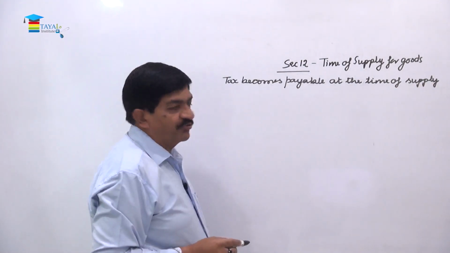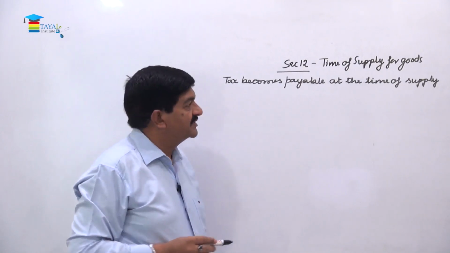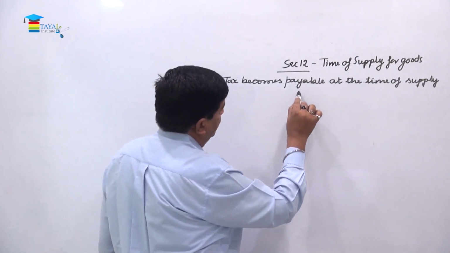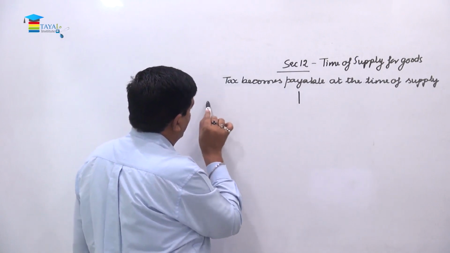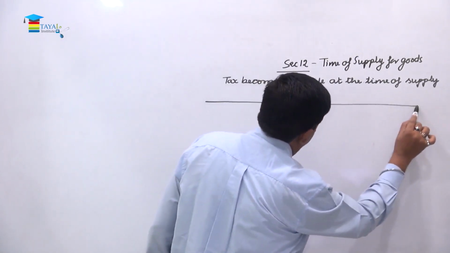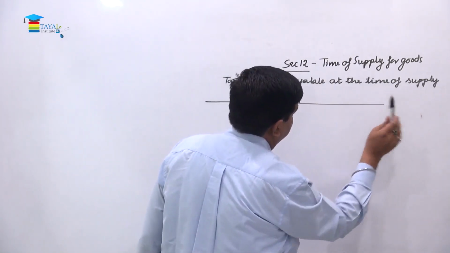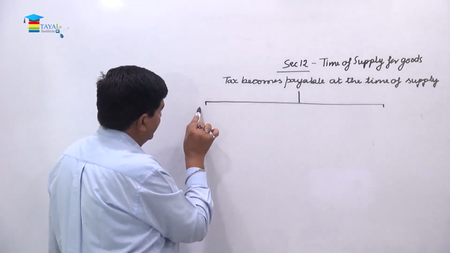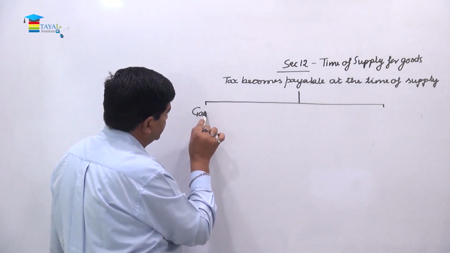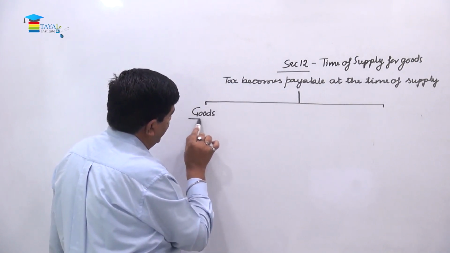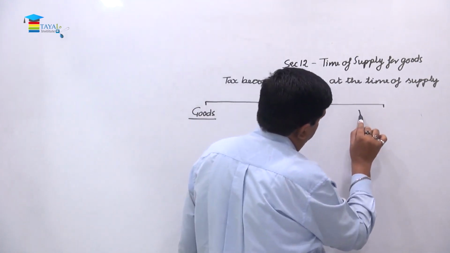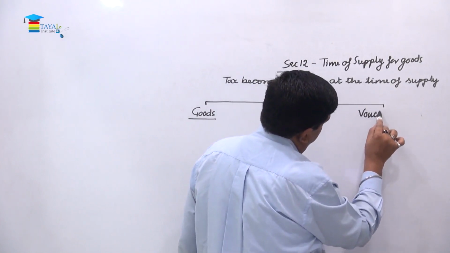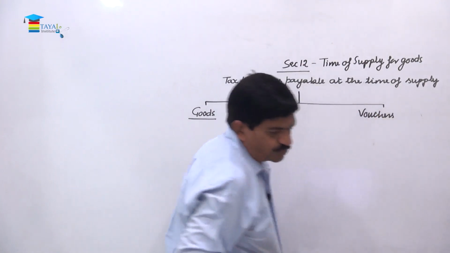So tax becomes payable at the time of supply, right? Now in this section, broadly we have two things. One is in relation to goods and another is in relation to vouchers, when vouchers are issued.